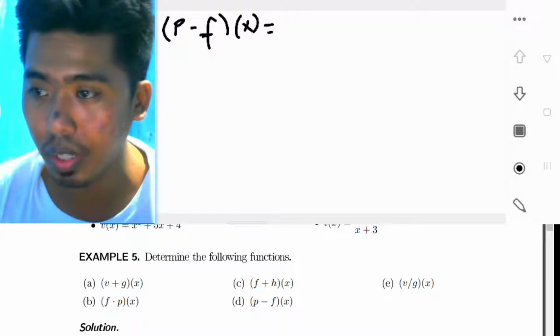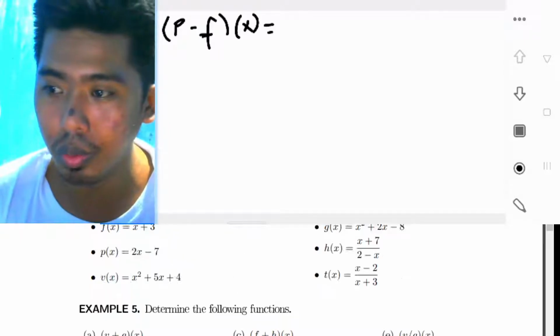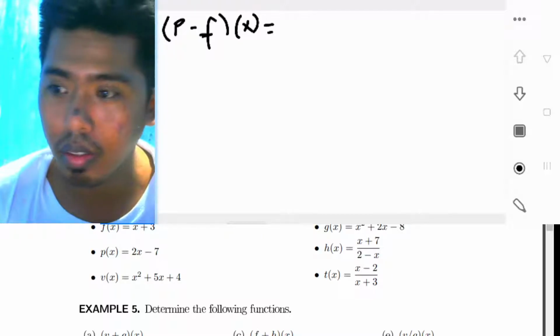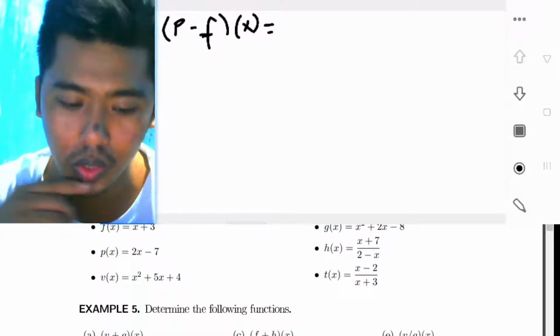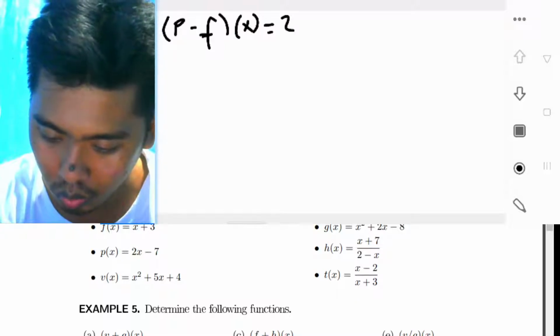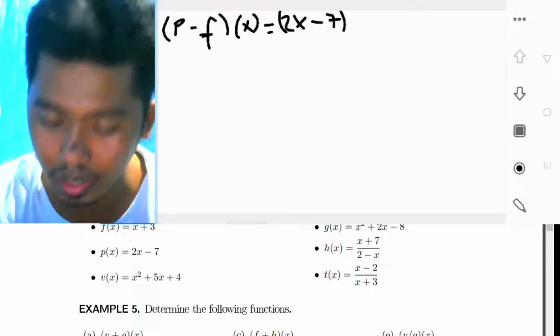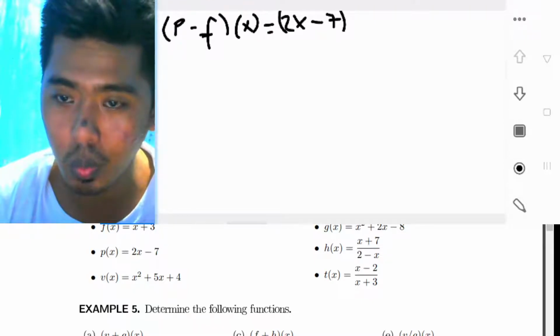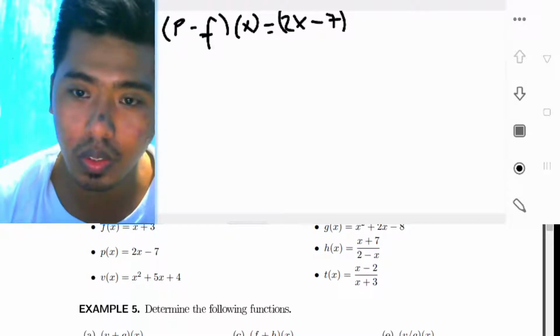So let's try to find the value of P. That would be 2x minus 7. So that would be 2x minus 7. So like that. And next is f of x.